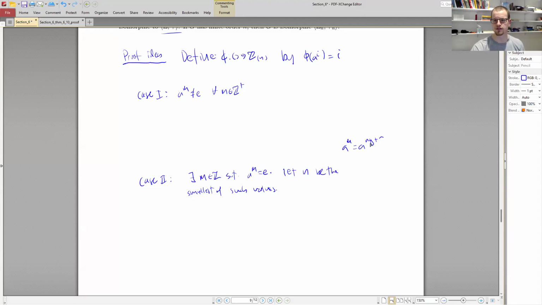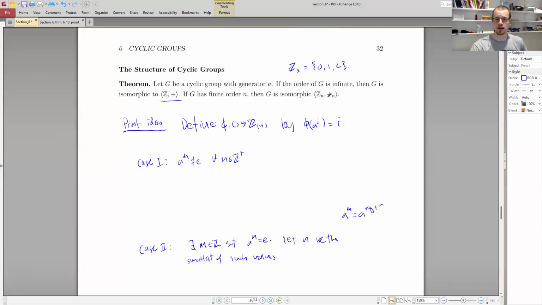Well, a to the n raised to the q is just the identity, so you're just left with a to the r. So you can always bring it back inside. If we're working modulo n, then we'd never be outside of this, and everything can be identified by that. So we only have to worry about the numbers 0 through n minus 1.